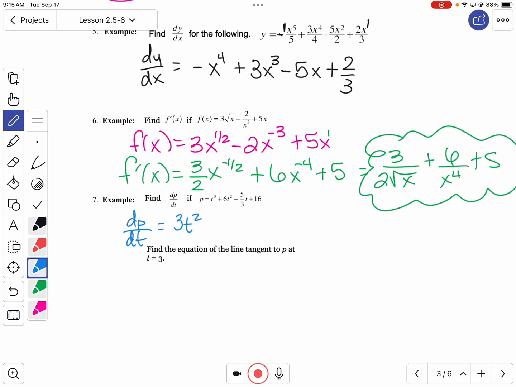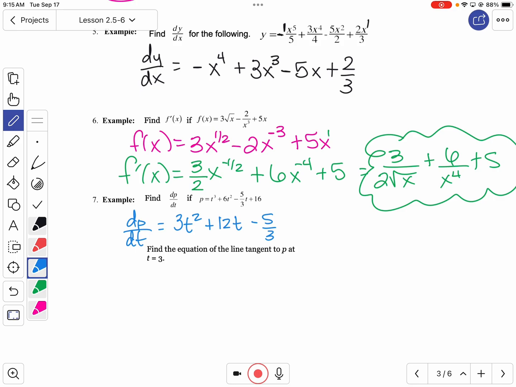All right, what about your second piece? 12t, and then the next piece, minus 5/3, and then derivative of 16 would just be 0, because that's a horizontal line, its slope would be 0, okay?